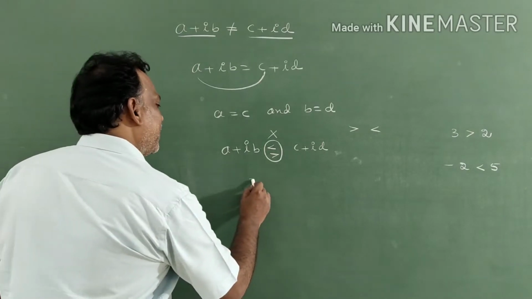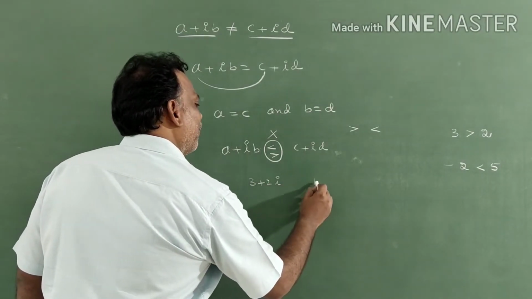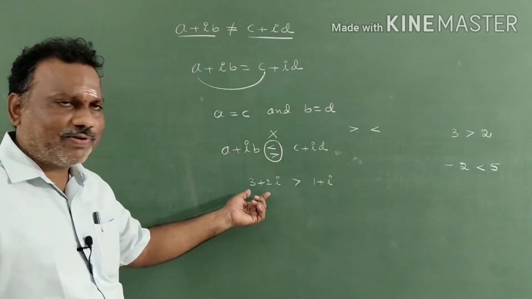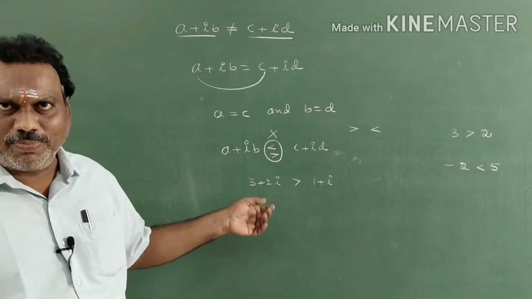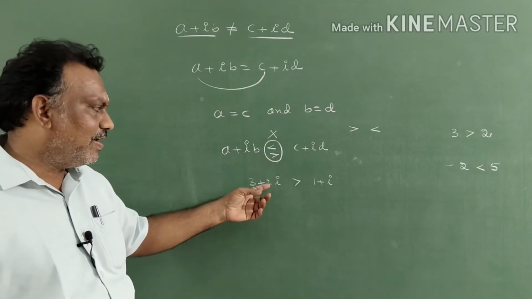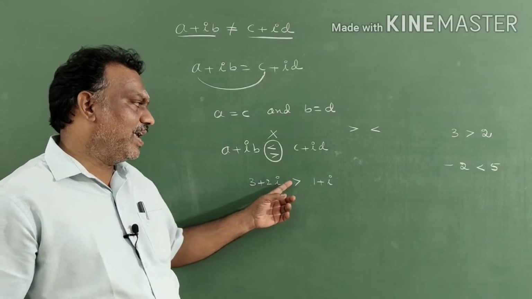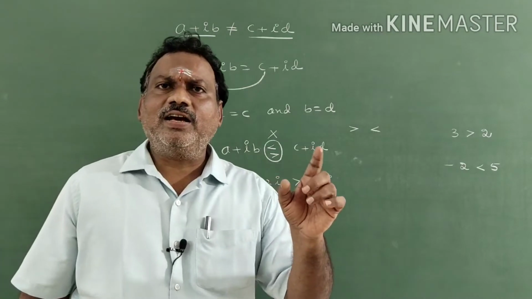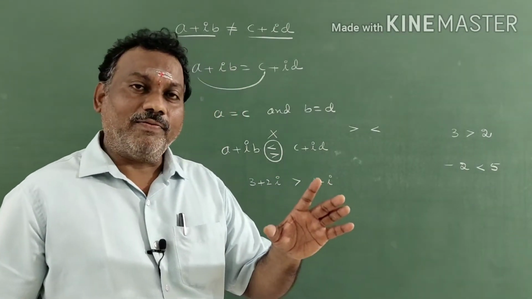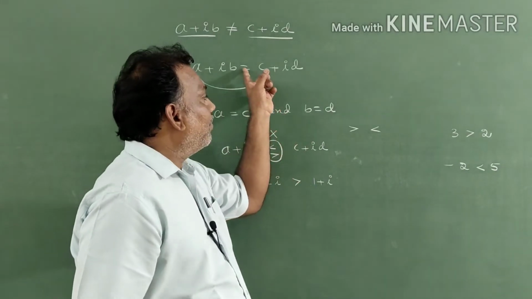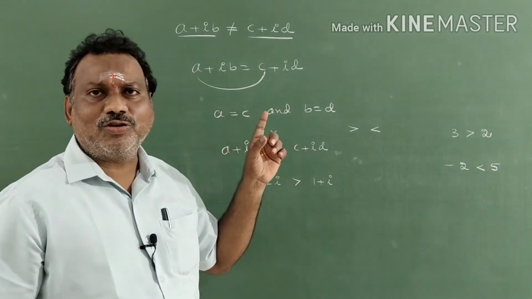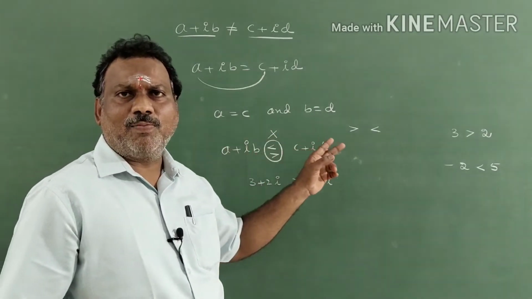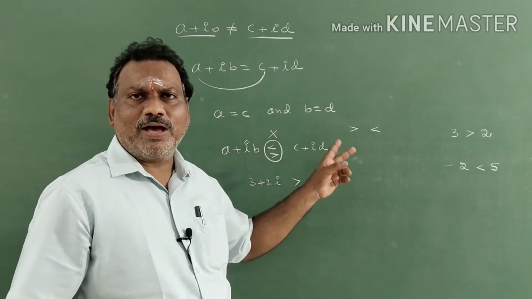Why? Because if 3 plus 2i is given and 1 plus i is given, we cannot use this symbol. Why? Because we don't know this value. This is just a complex number. We don't know this value, because the value of i we can substitute and simplify. We cannot use less than and greater than between complex numbers. We can use equal, with one condition: if two complex numbers are equal, then their corresponding components, that means real parts and imaginary parts, are equal.